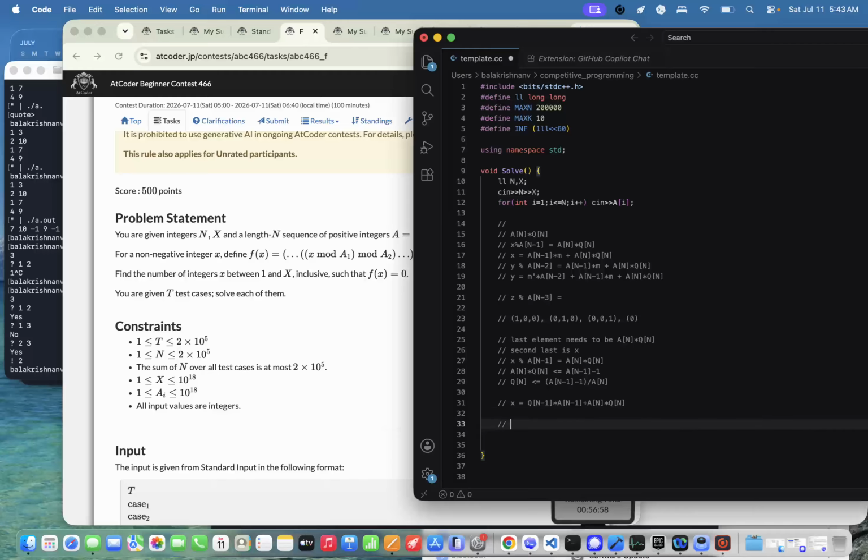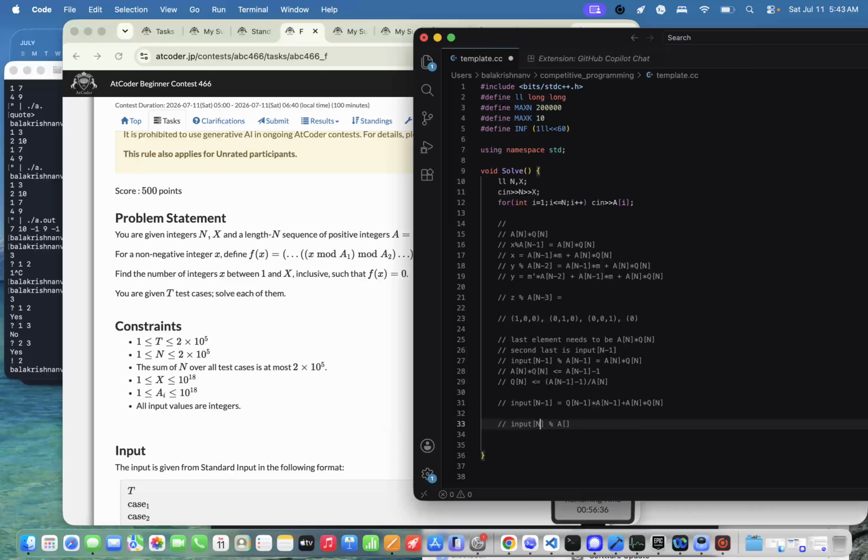So that's your x. Let's call it the input of n minus 1. So input of n minus 1 must be this.